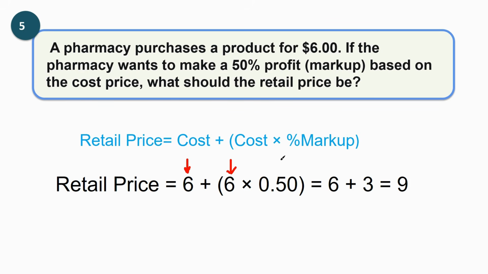So therefore, if you do that, you get 6 plus 3. If you multiply this through, you get 3. So 6 plus 3 is equal to $9. So $9 is the retail price for the product that was purchased for $6 but sold with the 50% markup.